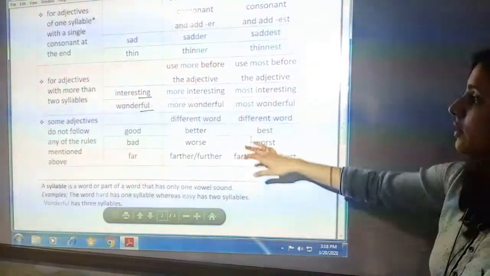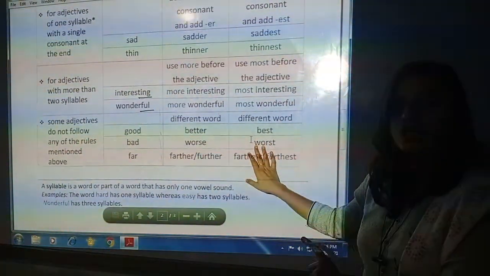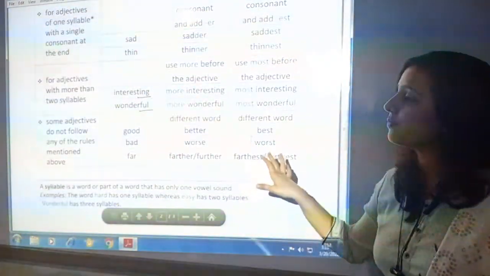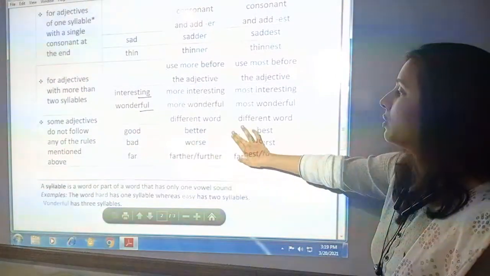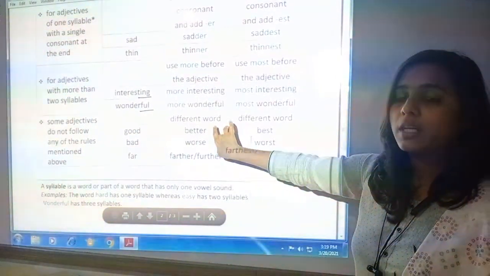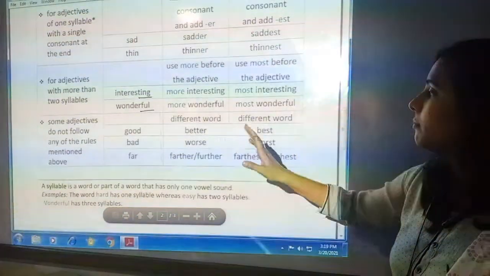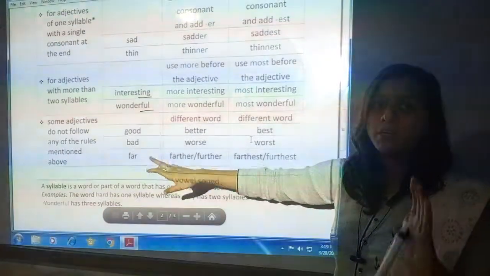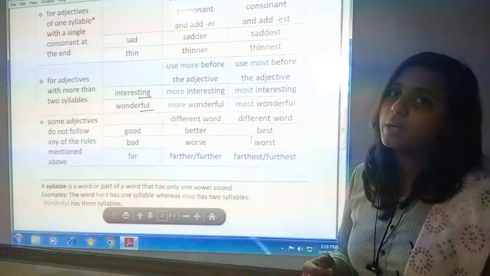So those kinds of words are given here, which have a different word in the comparative and superlative degrees. Good will change into better in the comparative degree, and in the superlative degree it will become best. Good, better, best.